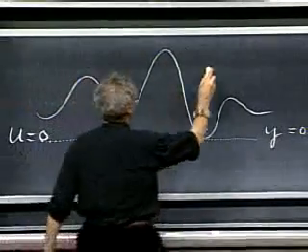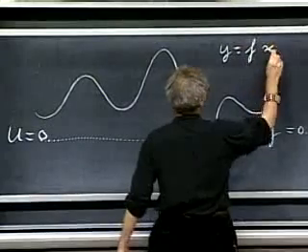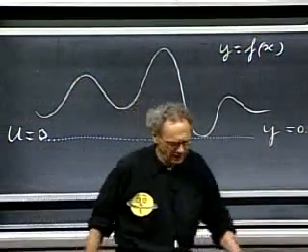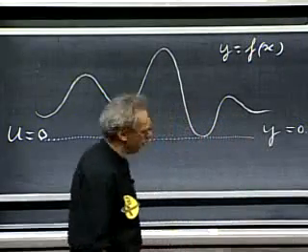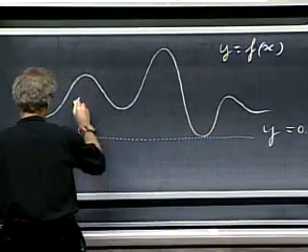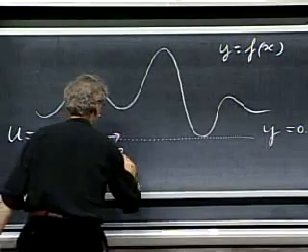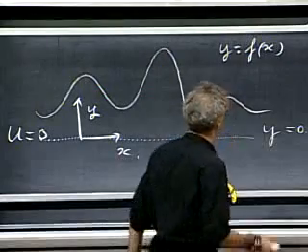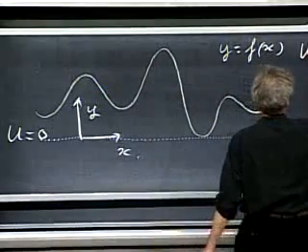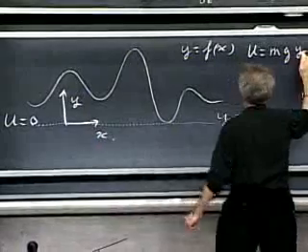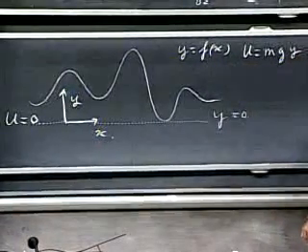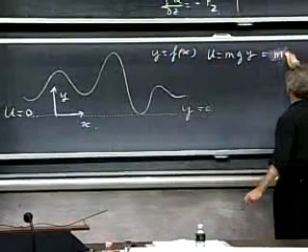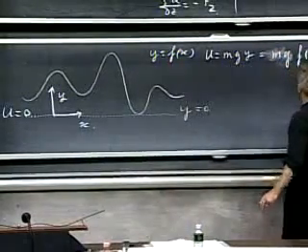So this is y as a function of x, and the curve itself represents effectively the gravitational potential energy. This is y, and this is x. So the gravitational potential energy U equals mgy, but y is a function of x, so U is m times g times that function of x.